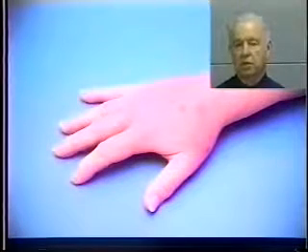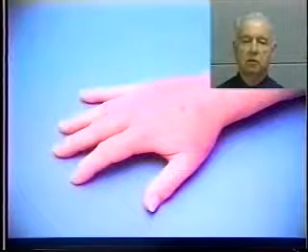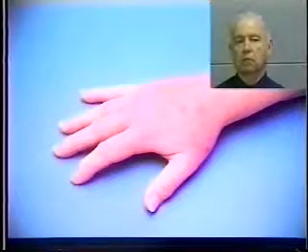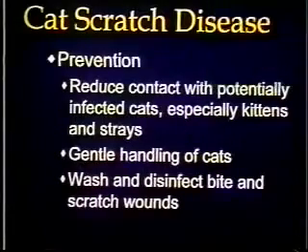We have no vaccines that are available for use in animals, in cats, or in humans, and again, the prevention of this is largely to handle cats with care and wash wounds that may have taken place as a result of cat scratches or bites.